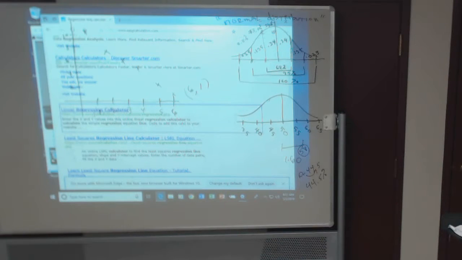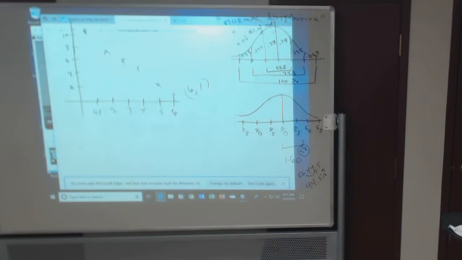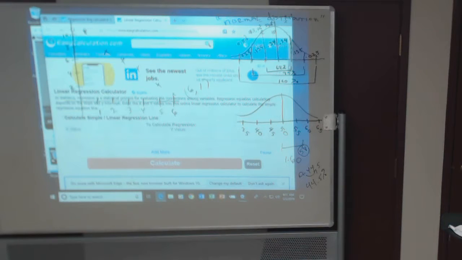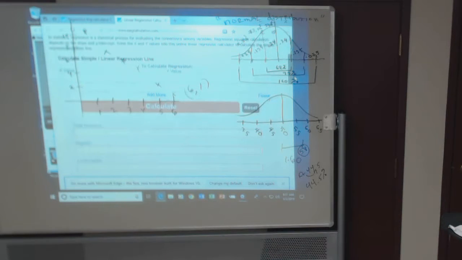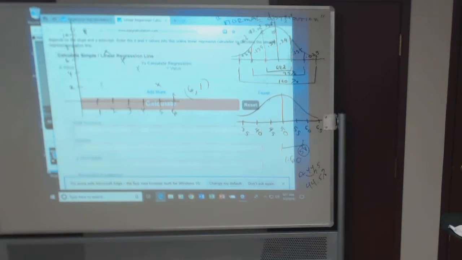See that? I click on linear regression calculator, and then I come down here and I type in the x and y values. What are they again? X was 1, and y was 10.2.